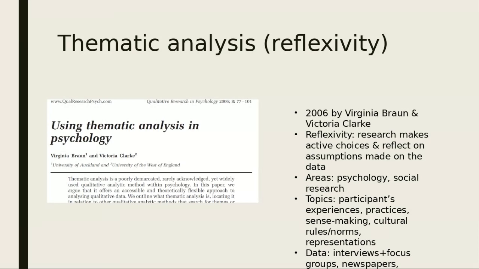I mean, these authors, Braun and Clarke, are insisting that their method can be extended to a much wider range of topics in qualitative data. The types of data you can use this on are interviews and focus groups, newspapers, and the list is much, much larger, including videos as well.